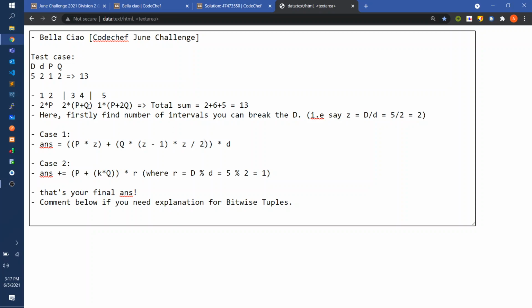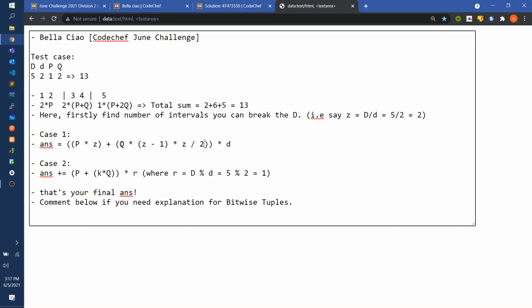Here, the number of intervals we broke down into is z, but since before the dth day the contribution of Q will be 0, the n terms will only reach up to z minus 1. So we need the sum of the first z minus 1 numbers, which is z minus 1 into z by 2.